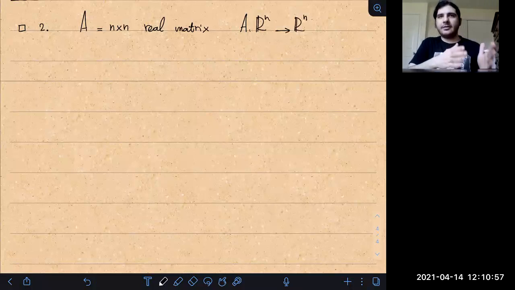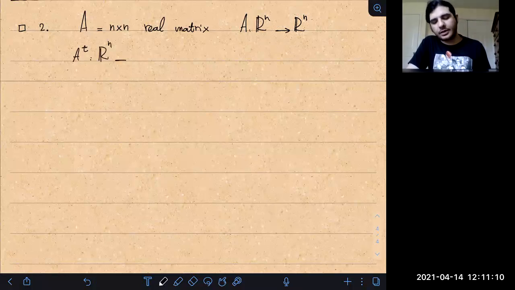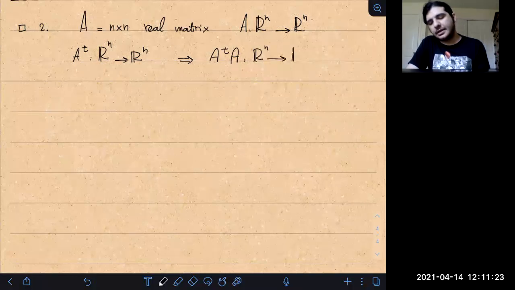So for any given vector v, you just multiply that by this matrix A. Suppose AT is the transpose of this matrix, and that also gives you a linear map from Rn to Rn. Now, if we multiply these two matrices, we get another matrix, A transpose A, and that can also be thought of as a linear map from Rn to Rn.